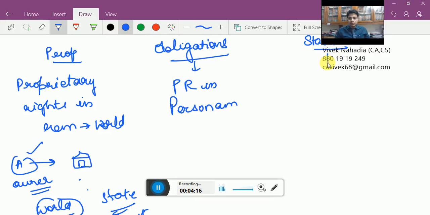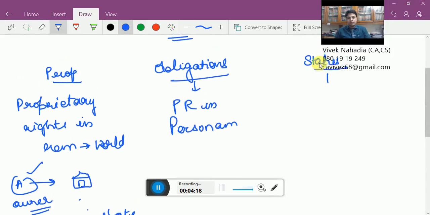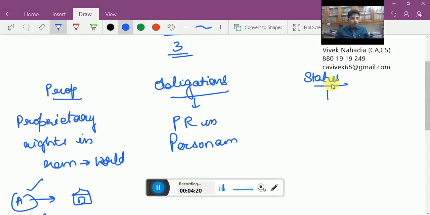The law of status deals with two things. What are the two things? It deals with personal as well as non-proprietary rights.